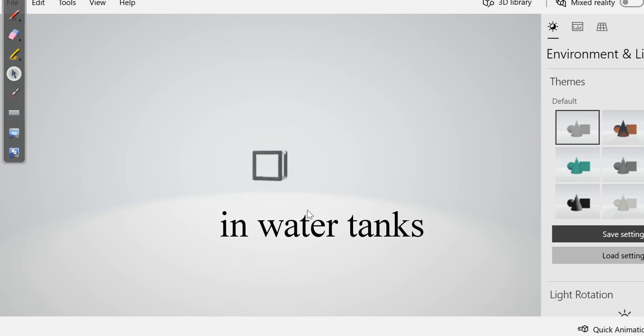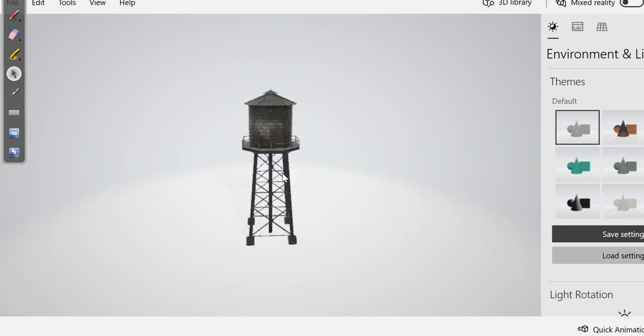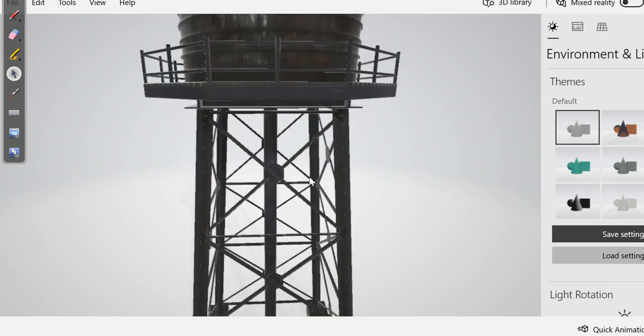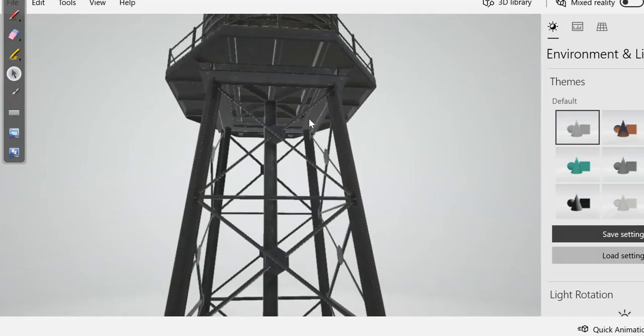We can see different types of triangular patterns in bridges or the water tanks in this manner.